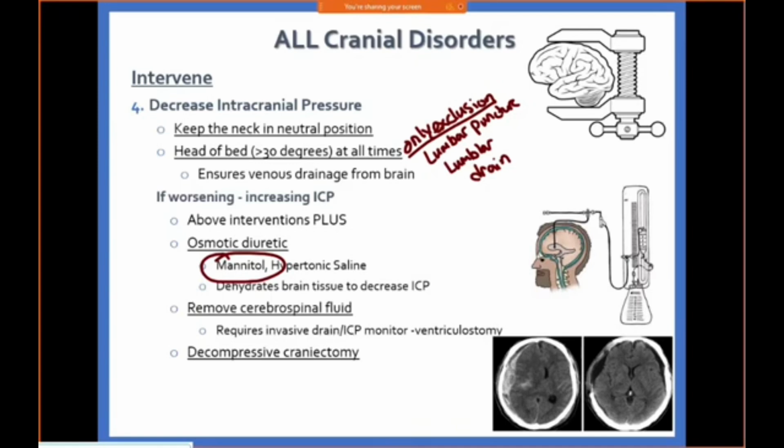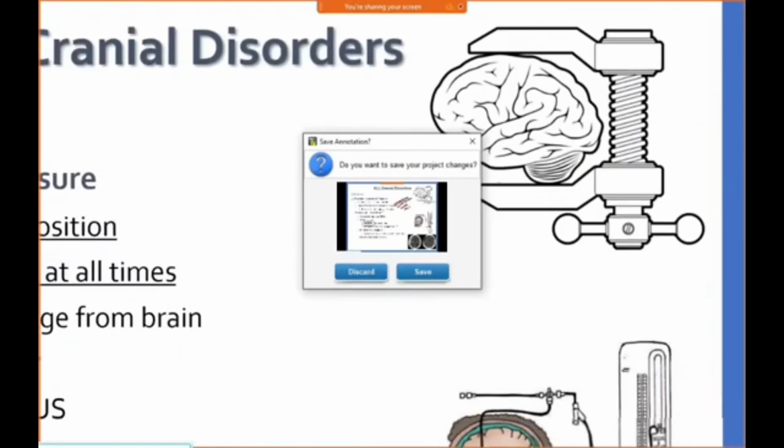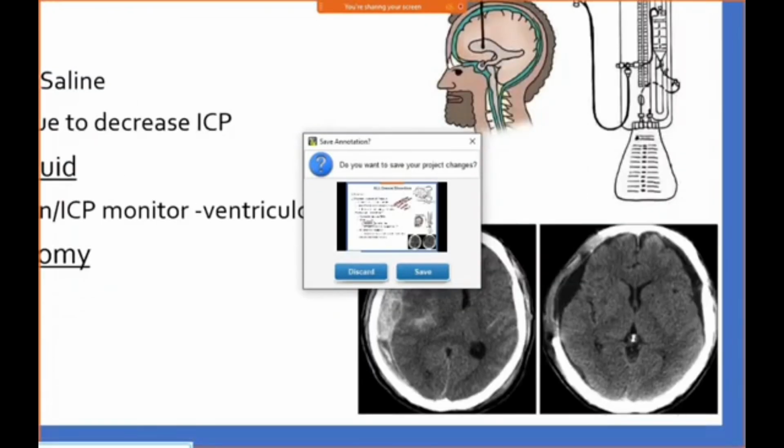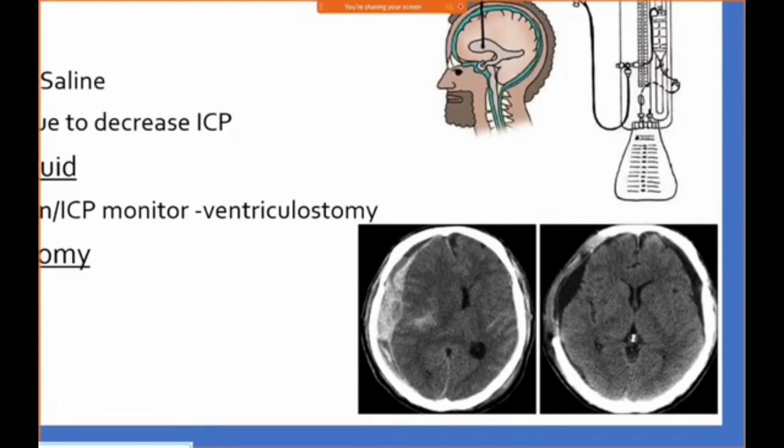And if that doesn't work, where the ventricles are completely collapsed, you can see on this patient, let me blow up this picture down here at the bottom. This is a patient pre and post decompressive craniotomy.